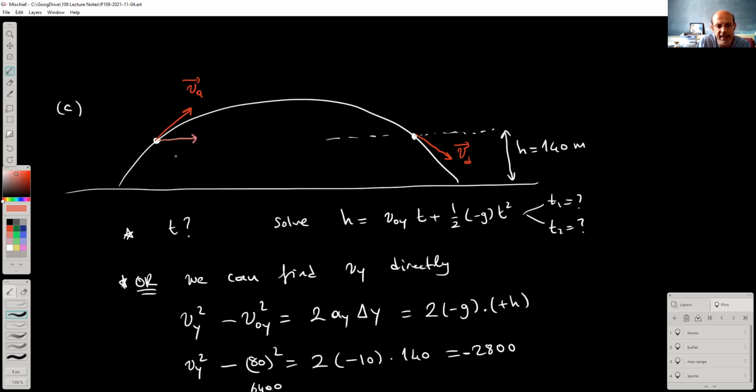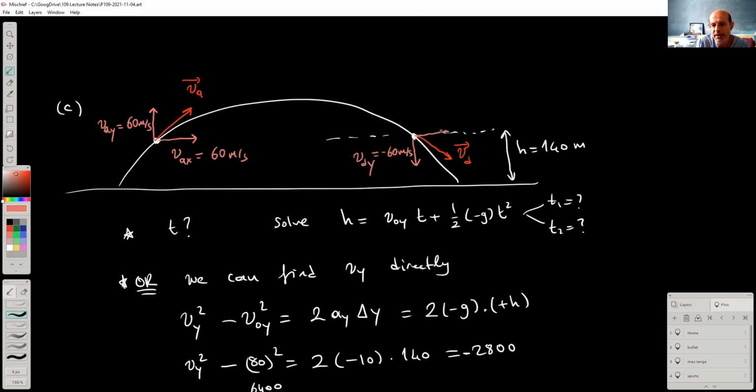So it has an x component of velocity, which is 60 meters per second, and a y component of the velocity. In that case, the y component of the velocity is 60 meters per second. Okay, or it is minus 60. So obviously, the y component of the velocity is minus 60 when the object is descending. So it's at that point.